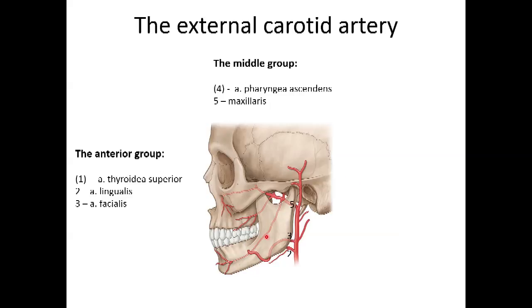Arteria maxillaris, it's quite complicated vessel, and then we shall try to find it in scheme in a special place of this presentation. And number 6, third vessel from middle group, arteria temporalis superficialis.